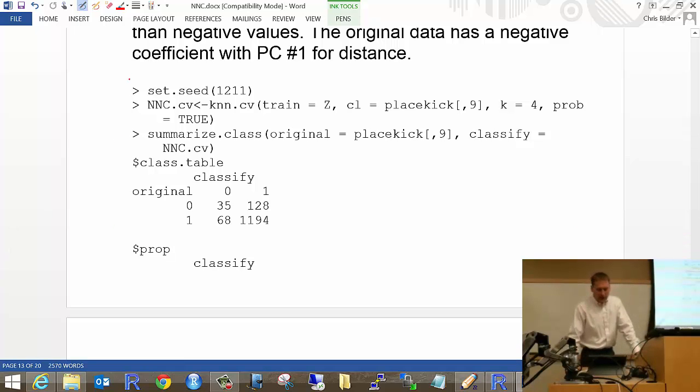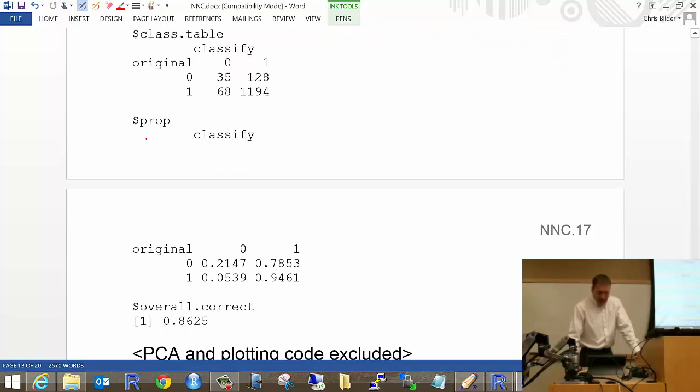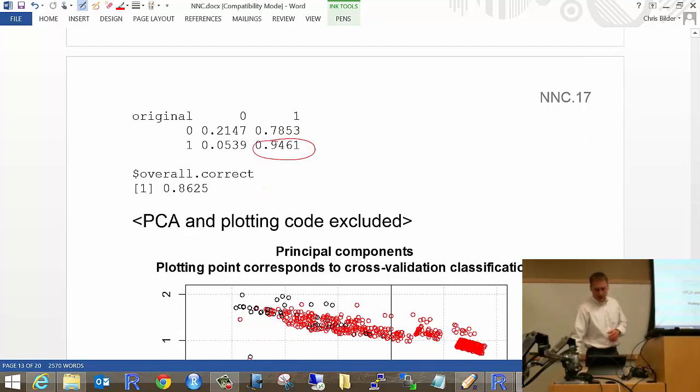What I decided to do here was use the cross-validation method with K equal 4. I set a seed, of course, to be able to reproduce my results. And here are the classification tables. We see also the classification rates: 94.6% are correctly classified for the successes on page 17, and 86% correct classification rate overall.